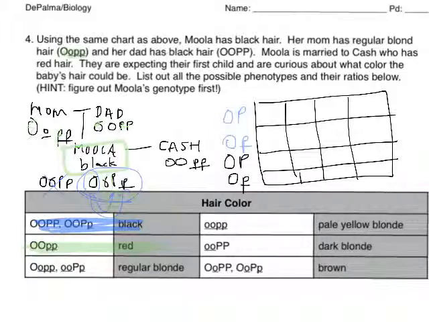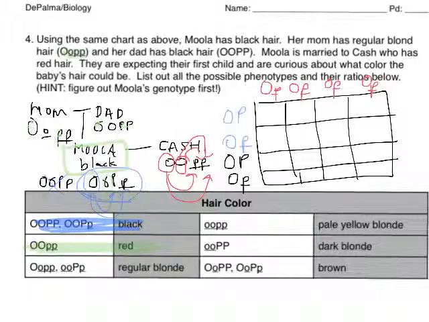For Cash, if you go through his, you're going to see his possibilities are really similar. He could have big O, little p, big O, little p, big O, little p, or big O, little p. So really he only has one combination. That's going to really simplify our Punnett square.